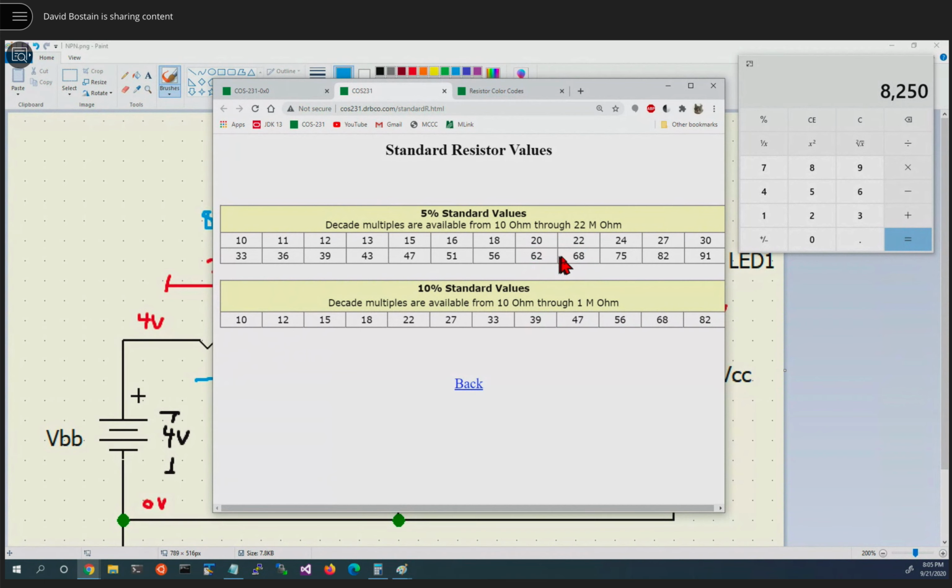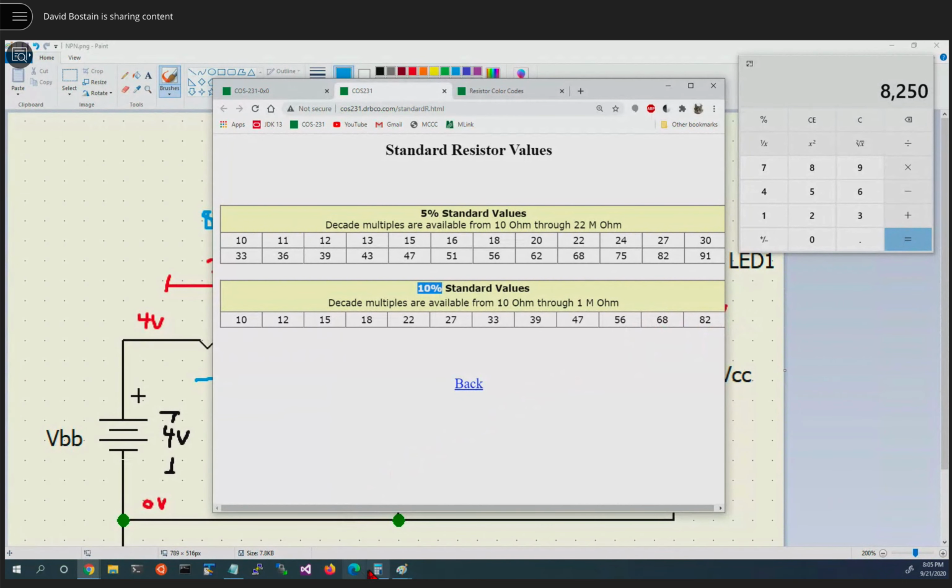Because they're not right on it, and because we have allowed the safety margin of picking 20 milliamps as opposed to 25 or 15, we probably could pick either one of these. For no particular reason, I'm going to pick the one that matches the one in the 10% range. That way, when I go to the store, if they don't have the 5% version, they're probably going to have one of these two. And I'll do my planning as though it's for the 10% standard value. So we'll get a 68 or 680 ohm resistor.